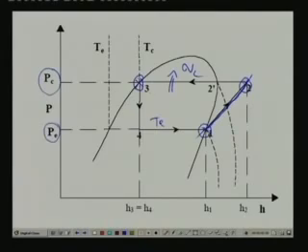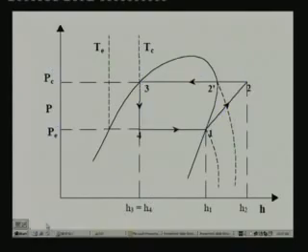During this process pressure drops from PC to PE and the enthalpy remains constant. So this process is nothing but a vertical line on the pH diagram. Okay, and finally the evaporation process, the heat extraction process, is isobaric, so it's a horizontal line on the pH diagram. So the process 4 to 1 is given by this horizontal line. Finally you find that the vapor compression refrigeration cycle takes this shape 1, 2, 3, 4.